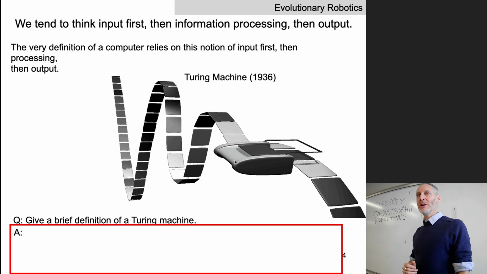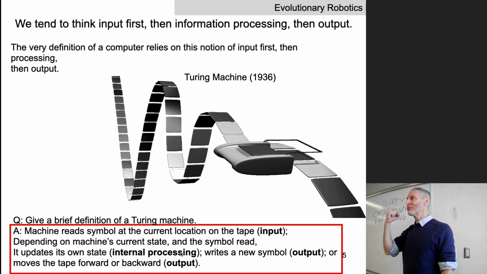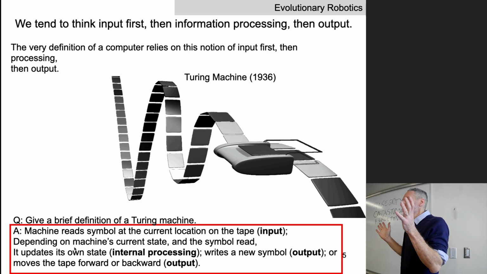That's the beginning of Turing's description of his hypothetical machine. Computer scientists in the room, anybody want to have a stab at finishing that definition? We've got a machine, we've got an infinite tape. What does the machine do? It reads from the tape, that's input, or in the case of robotics, sensory input. It then does some internal processing. Whatever's coming in from the tape, that machine combines it with internal state stuff, numbers, a neural network, doesn't matter.